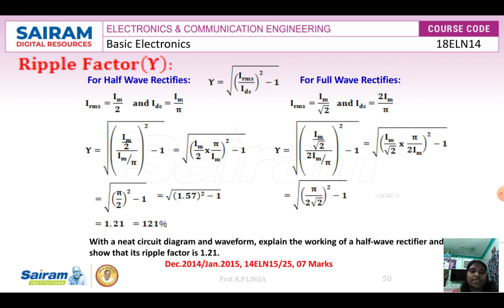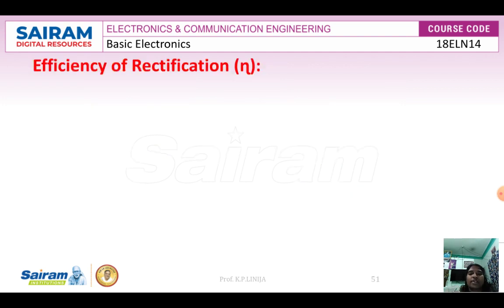Therefore, the ripple factor for the full wave rectifier is equal to 0.48. That means 48.2%. So 12.1% is for the half wave rectifier and 48.2% is for the full wave rectifier.